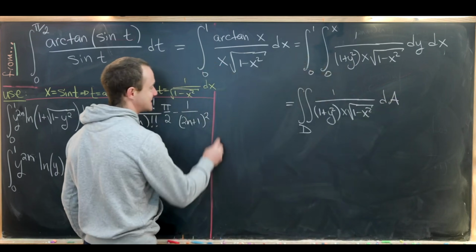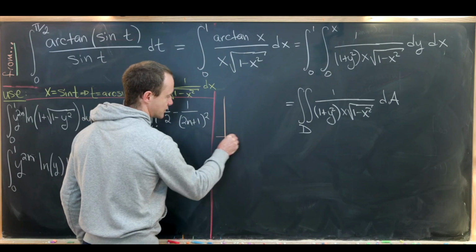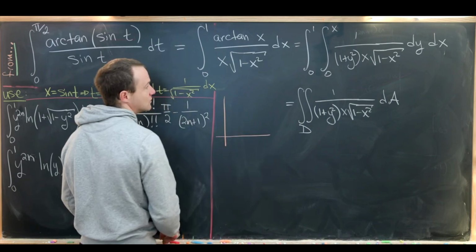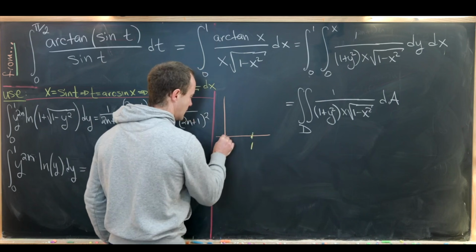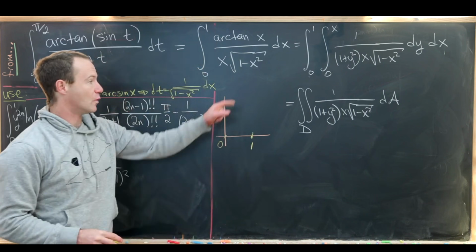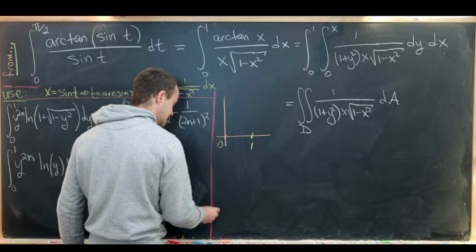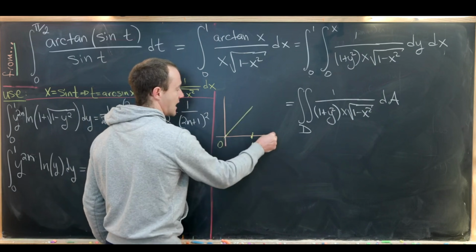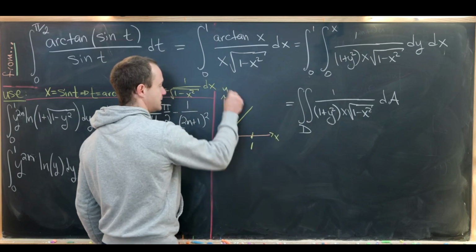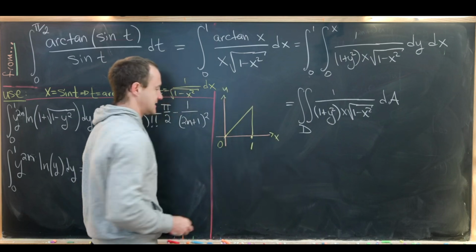And now let's get a sketch of this region. So let's see, the x values are going between 0 and 1, and then the y values are going between 0 and x. So that means we need the line y equals x here, which is about like that.